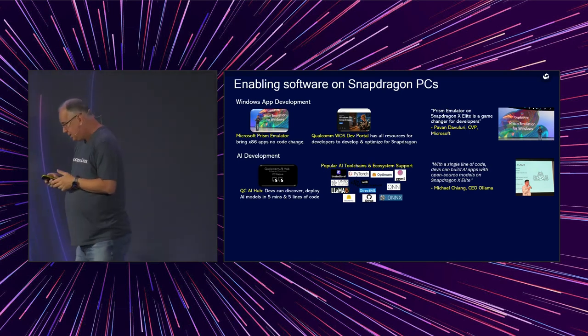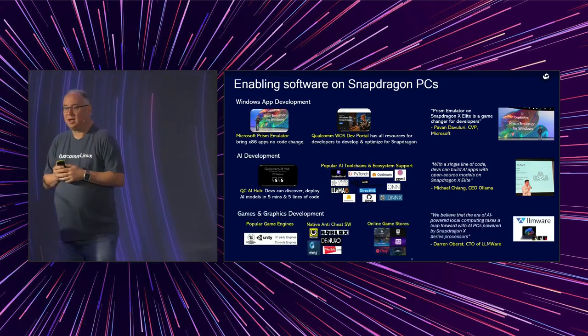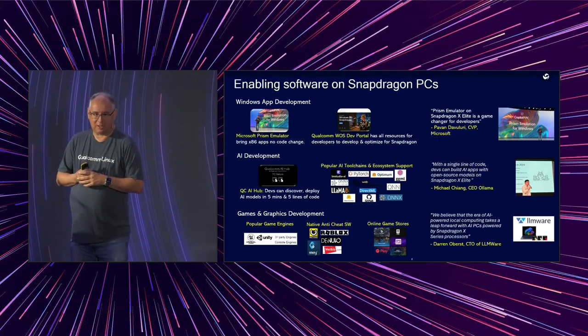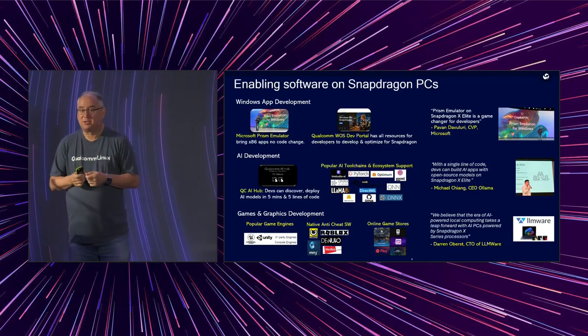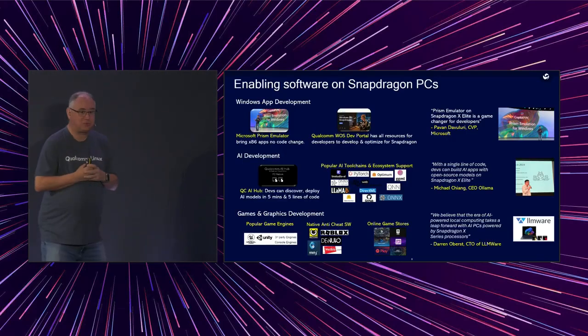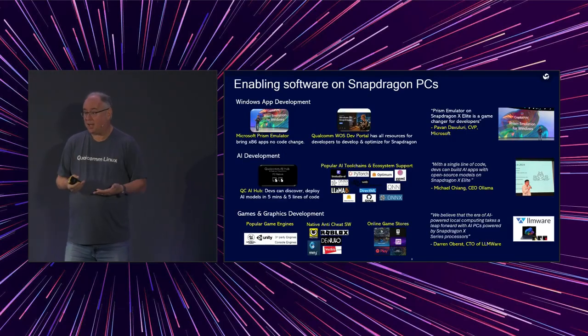And then the third one is quite interesting, and that is gaming. A lot of effort has been going into gaming and optimizing for games. It's one of the things people are really interested in, especially when they buy a high-end laptop. They want to have a good gaming experience.